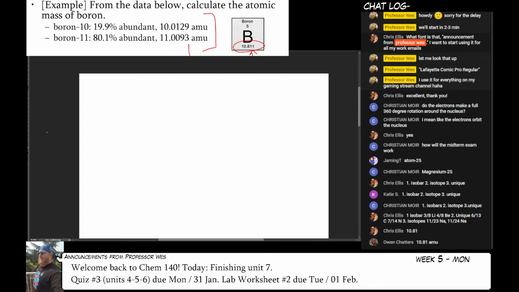All right, so we're going to do the average mass, and boron 10 is 19.9% abundant times a mass of 10.0129 plus boron 11, which is 80.1% abundant times, not 10, 11.0093. This is AMU.